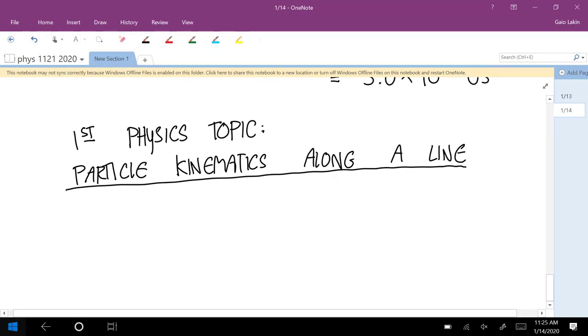Okay, well, there's 3 bits of information in this long title. One, it deals with particles. Second, it's kinematics. And third, it's along a line.